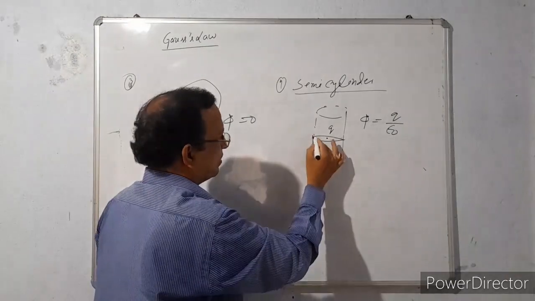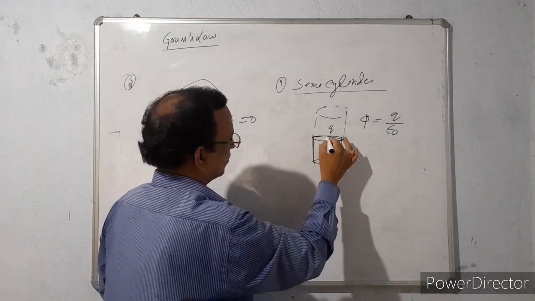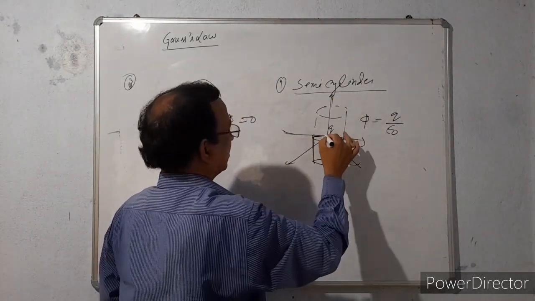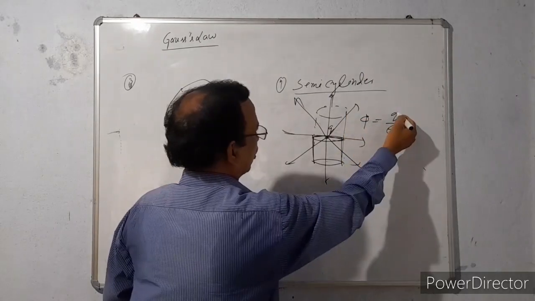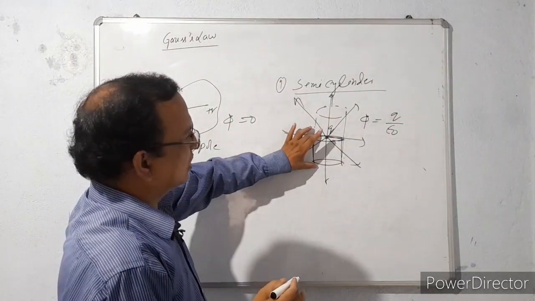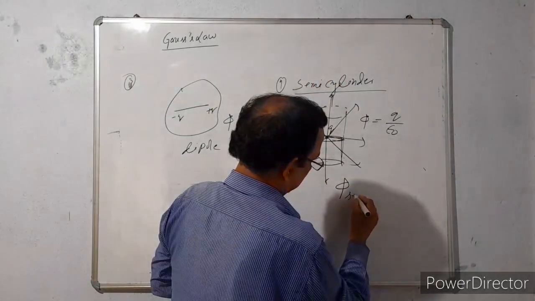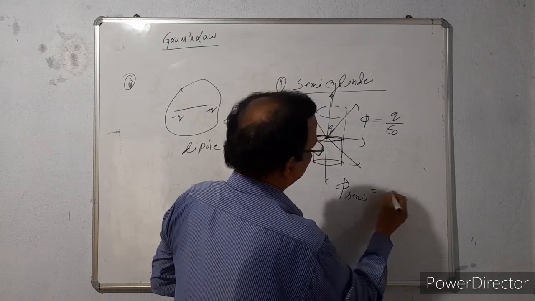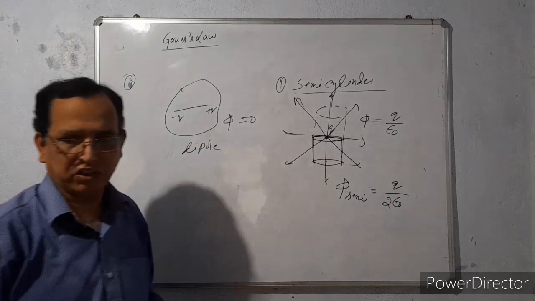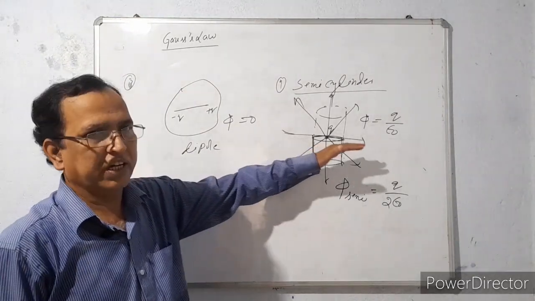In case of a semi-cylinder, in the closed surface, phi is equal to Q by epsilon naught. Semi means from this to this. So in the semi-cylinder case, that is half, Q by 2 epsilon naught. Confirm? This is for the semi-cylinder.